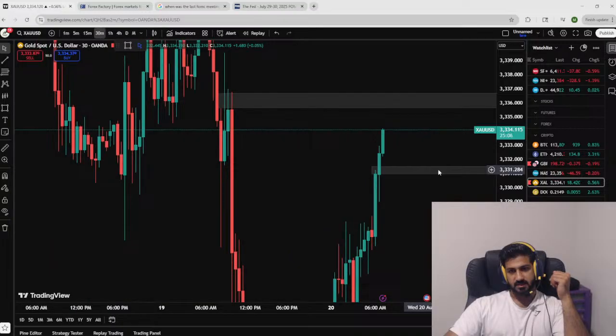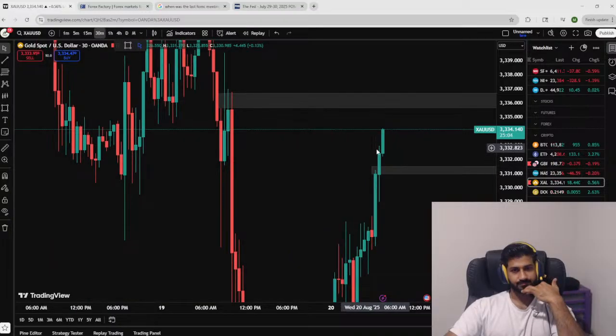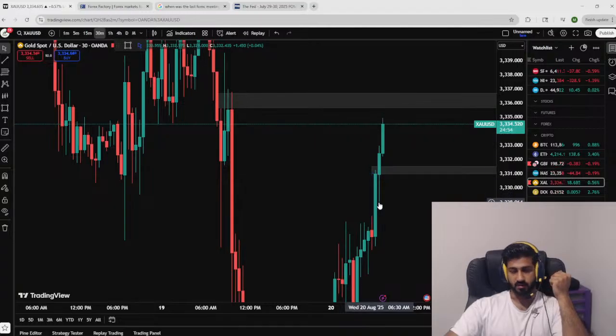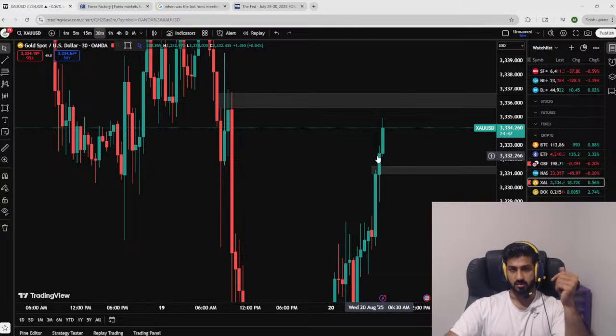But looking at 30-minute, I've seen this happen many times actually. Once the candle is formed, it has already created a lower wick, and this candle closed with a wick. It didn't close with all body.